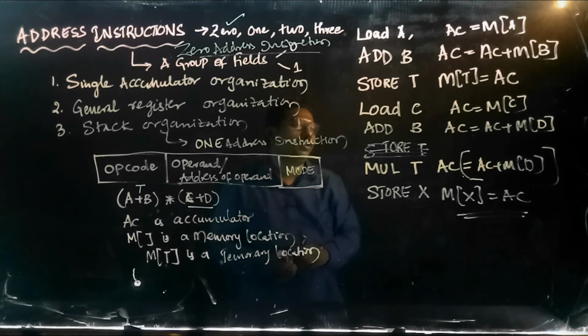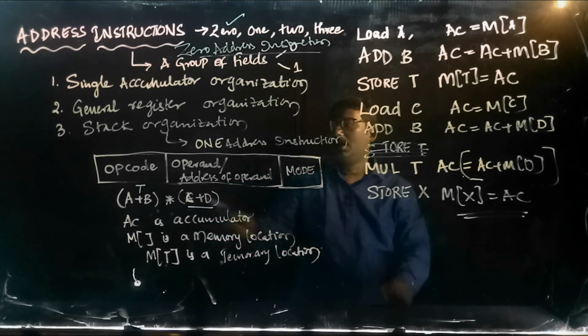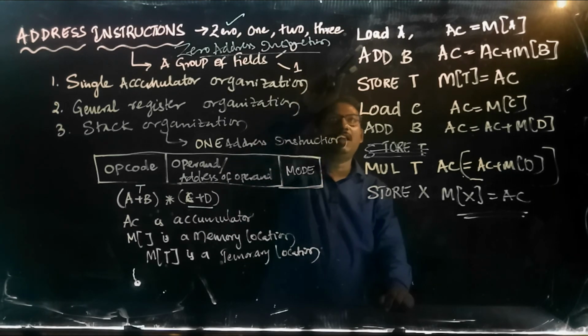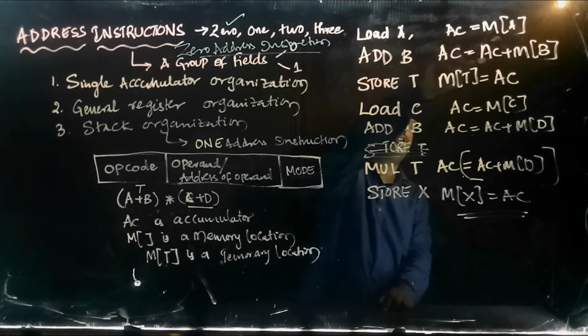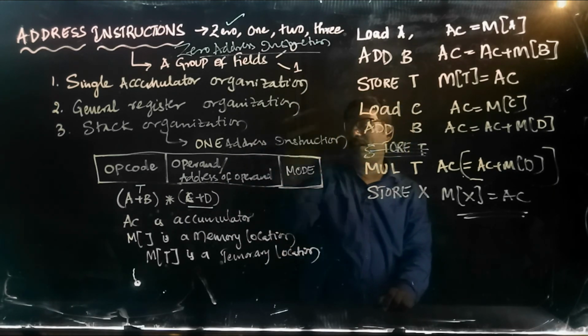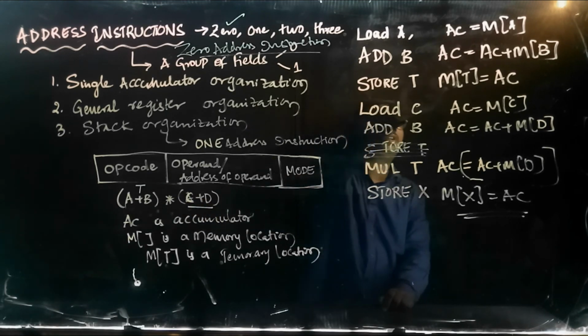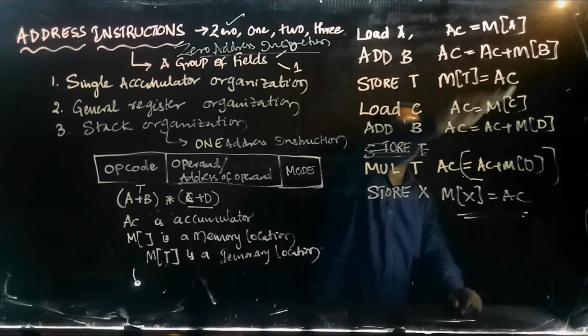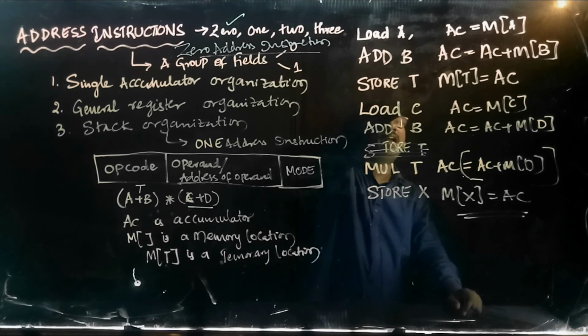Once again I am going to revise. See here, a plus b. For a load A, that is AC equal to M of A, add B, then we are going to add AC equal to AC plus M of B. So this will be added here.